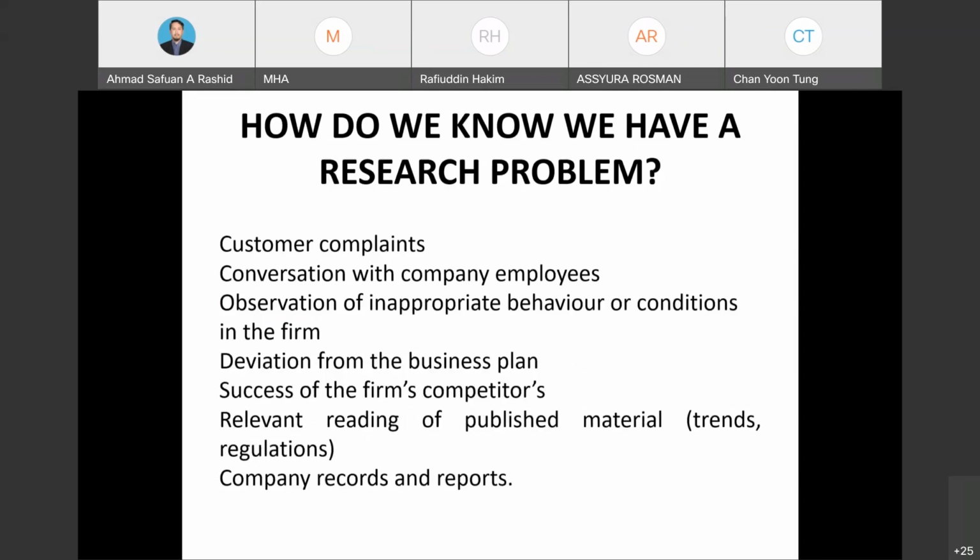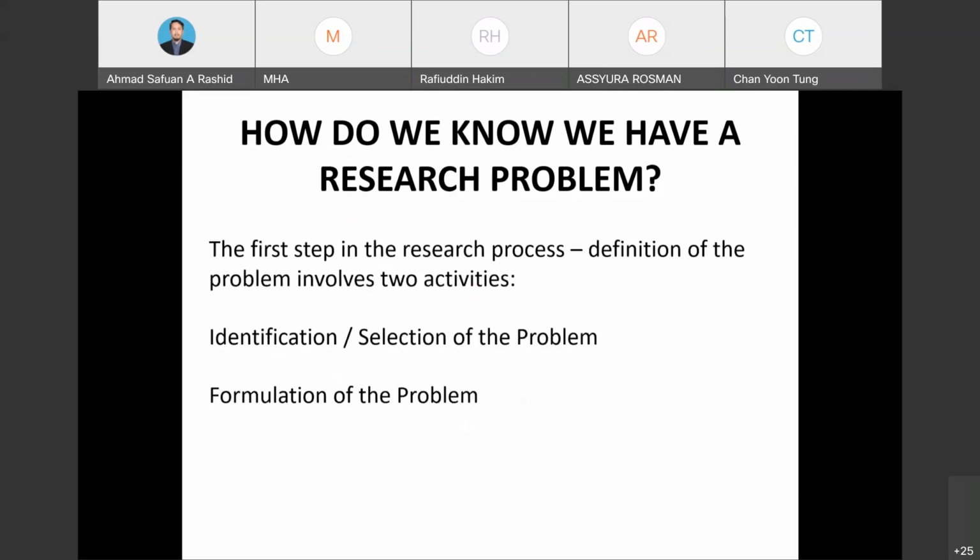How do we know we have a research problem? This is how we gain the research problem, normally from the literature, relevant reading or published material. This is more related to business. Or based on your experience, you want to solve a problem in your local area.